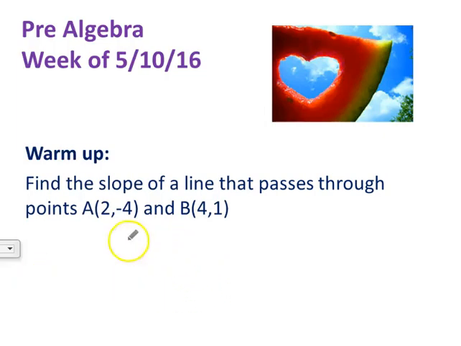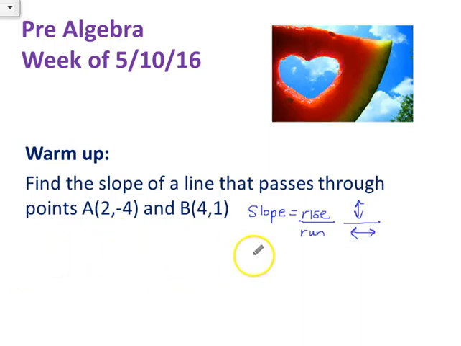All right, so how do we find slope when we're given 2 points? We use the slope formula, and just think of slope as rise over run. It's the change in your vertical coordinates over the change in your horizontal coordinates. So your vertical movement over your horizontal movement, and that will help you think about what the formula for slope is.